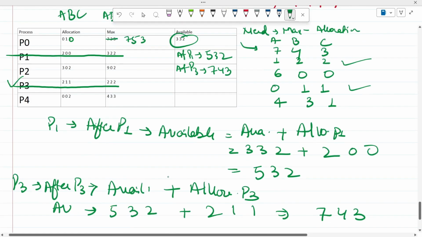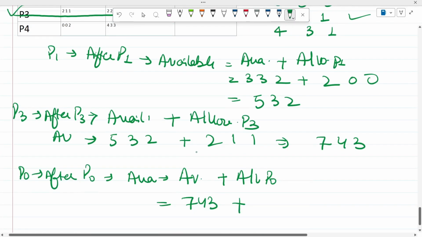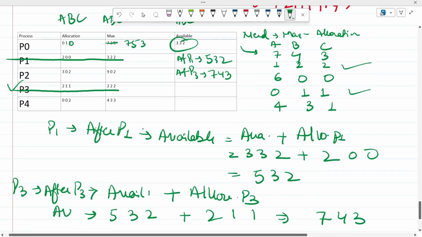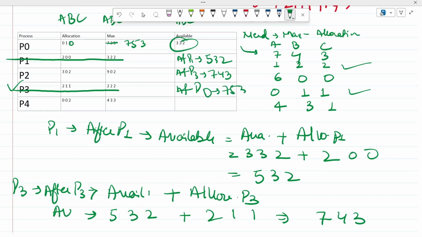The allocated to P0 is 010. If you sum this up, you will get 753. So after P0, you will get 753 resource. So P0 is also now completed.